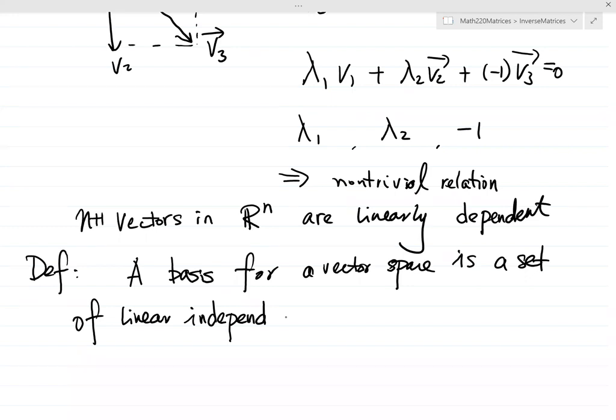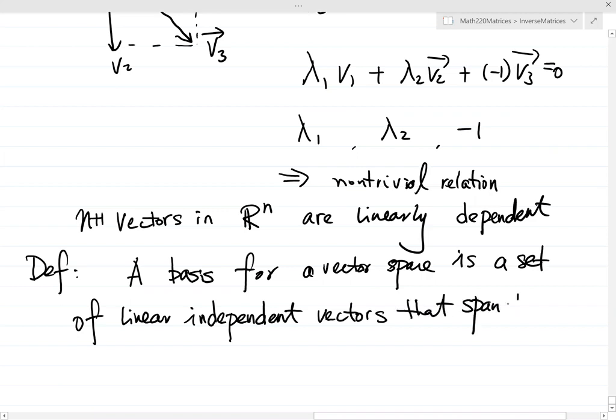The set of vectors should be linearly independent vectors that span the space. So a basis is just the minimum number of vectors that span the space.